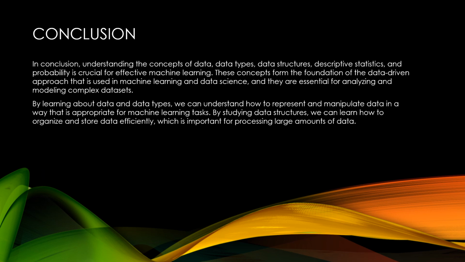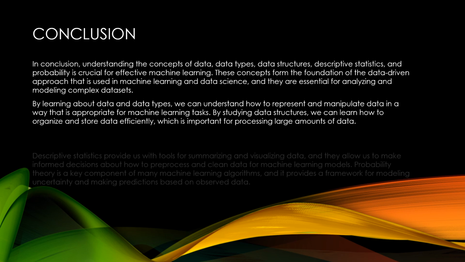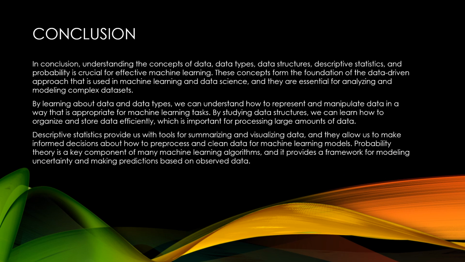By learning about data and data types, we can understand how to represent and manipulate data in a way that is appropriate for machine learning tasks. By studying data structures, we can learn how to organize and store data efficiently, which is important for processing large amounts of data. Descriptive statistics provide us with tools for summarizing and visualizing the data, especially if you have to look at lots of data sets and get an idea of what those data sets represent.